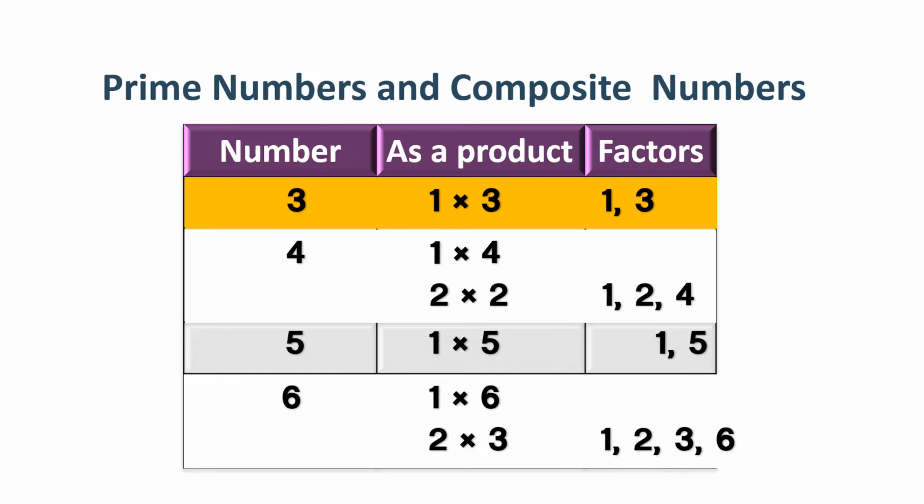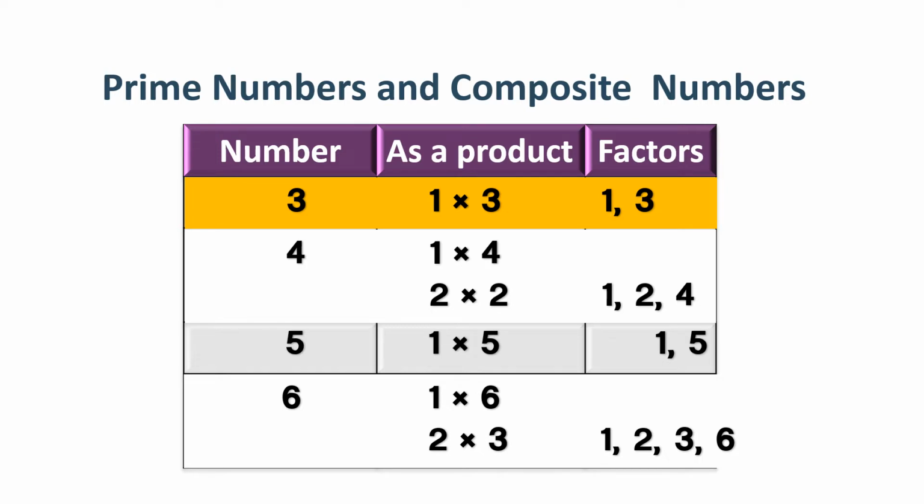Right. Now, when you go through this table, you may have identified that 2 numbers have got only 2 factors. For example, 3 has only 2 factors, 1 and 3. That means the 2 factors are 1 and itself.